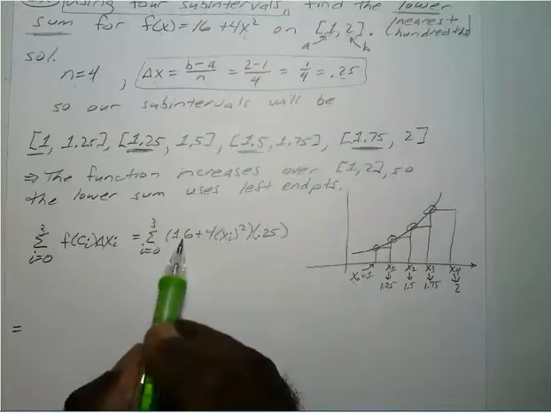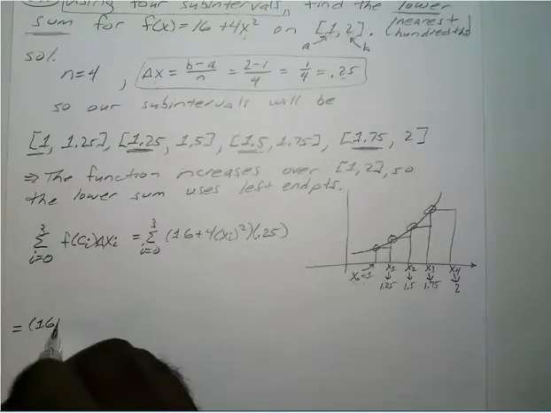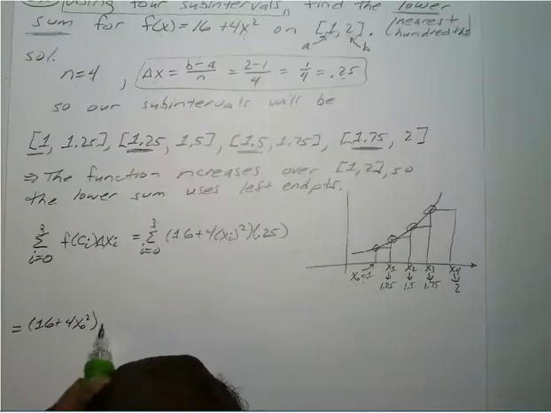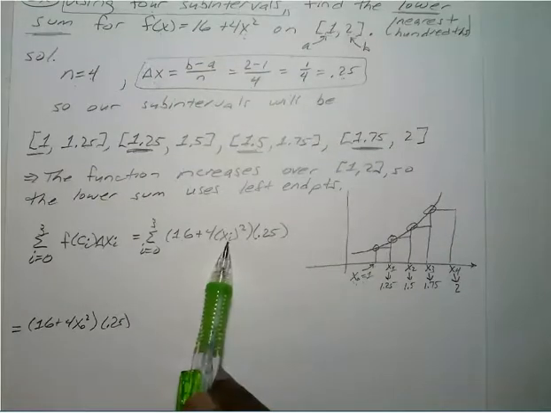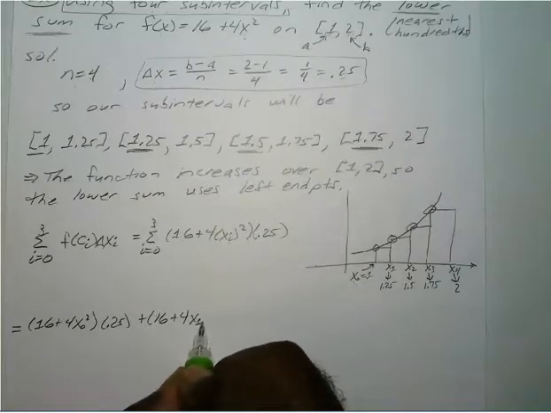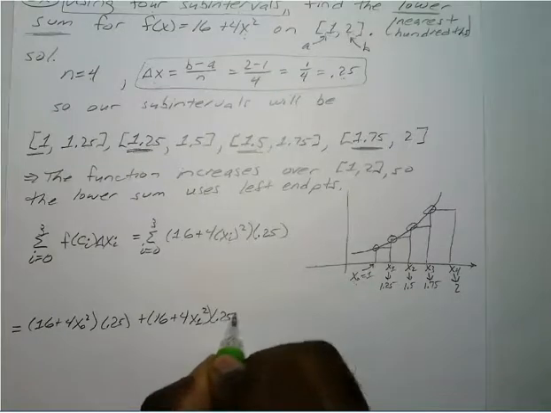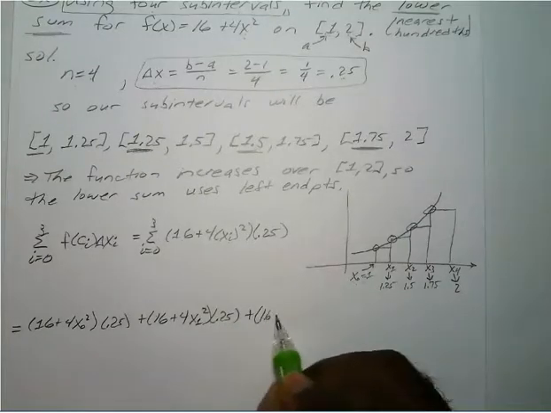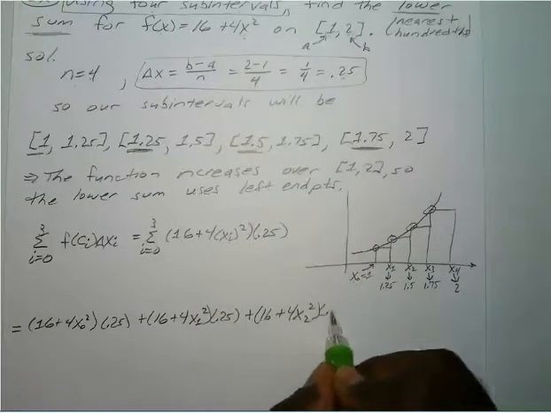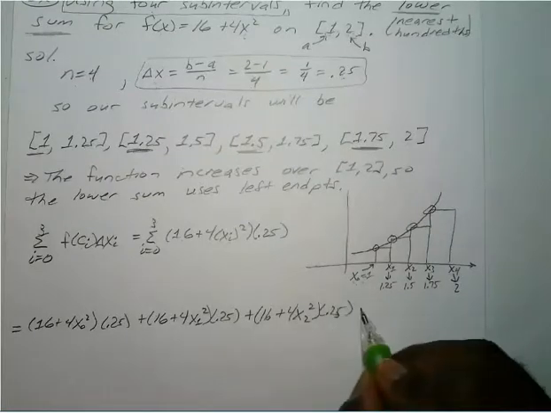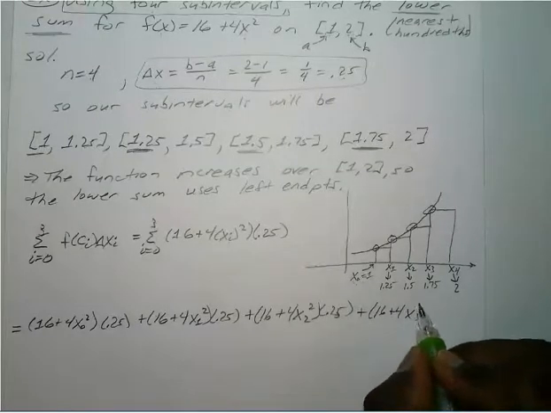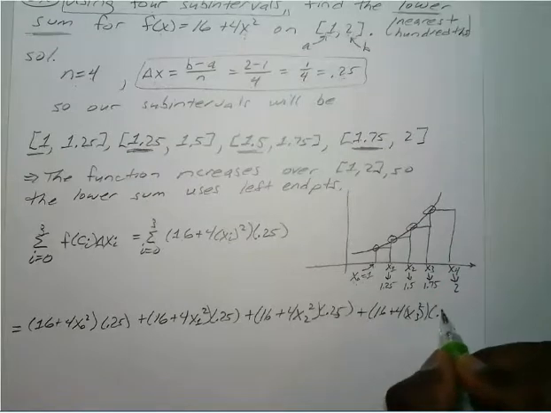Okay, so you have 16 plus 4 x sub 0 squared times 0.25, plus 16 plus 4 times x sub 1 squared times 0.25, plus 16 plus 4 times x sub 2 squared times 0.25, plus 16 plus 4 x sub 3 squared times 0.25.